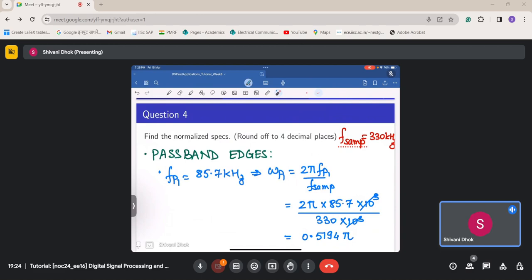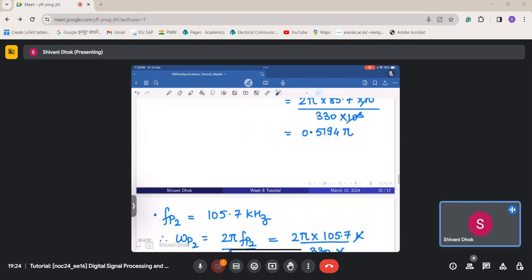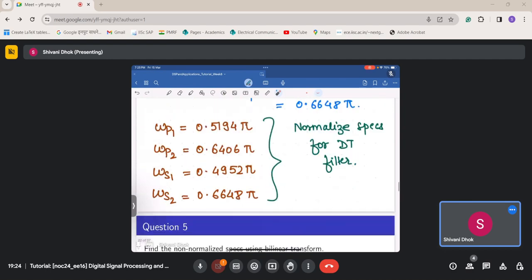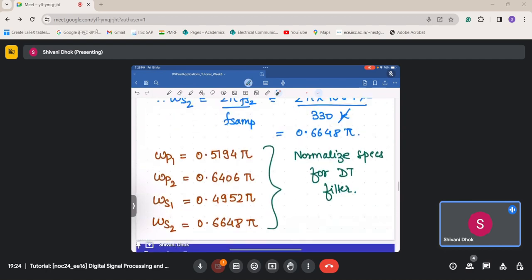This gives a set of normalized specifications omega p1, omega p2, omega s1, omega s2.